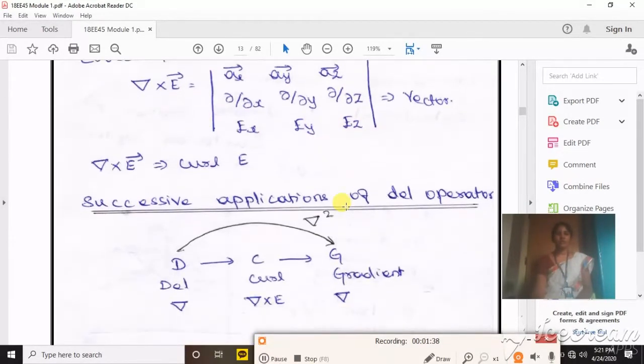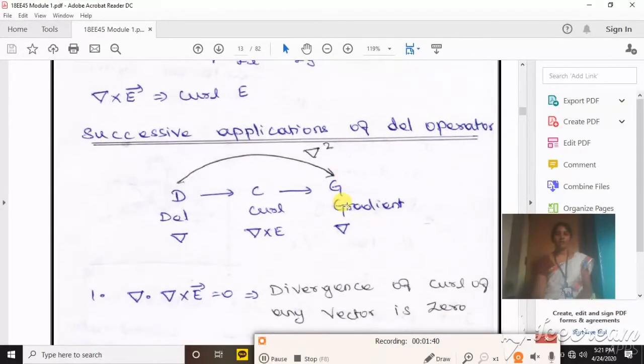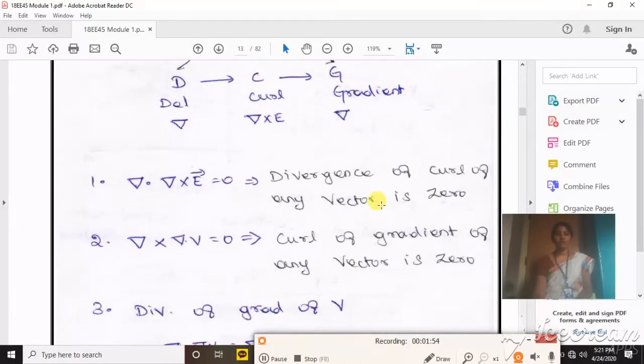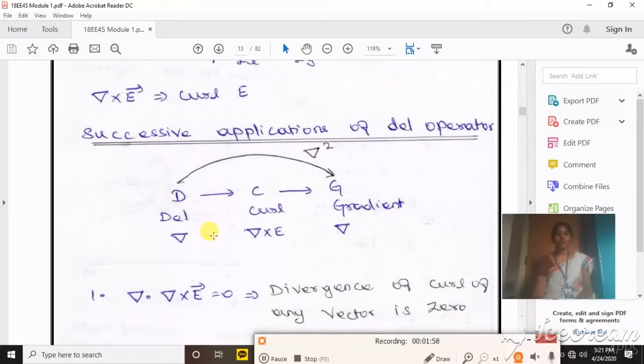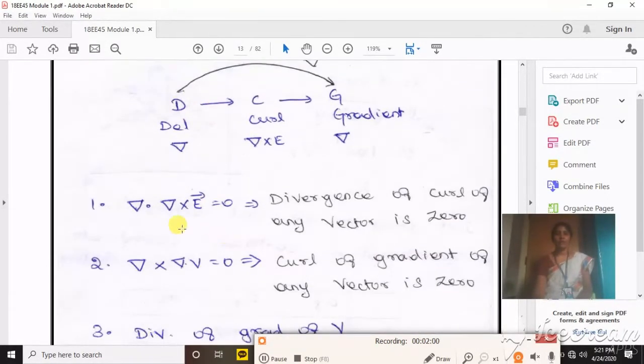So the successive applications of your del operator: the divergence of the gradient of any vector is equal to 0, or the curl of divergence of any vector will be equal to 0. So the successive application of your del operator. Using this del operator, you can use curl. Anything with a dot means it is divergence; a cross means it is curl.